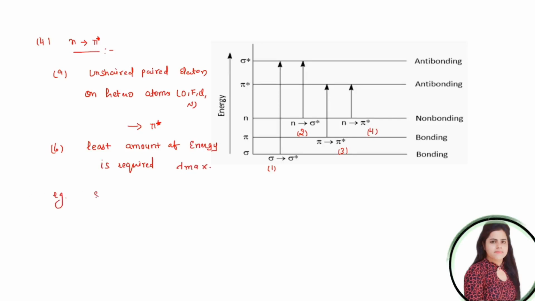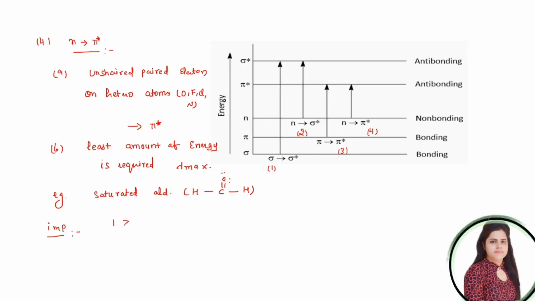Then I am giving you the example. Suppose you have one saturated aldehyde like formaldehyde. This kind of molecule will show it, because here we have non-bonding electrons plus we have a pi star orbital also. Then one important question can be asked: they can ask you the energy order of all these transitions.